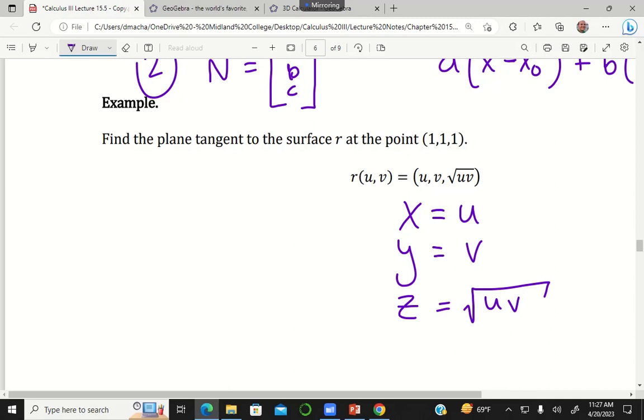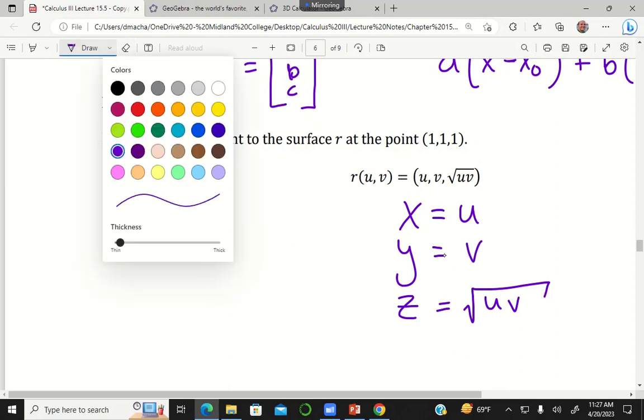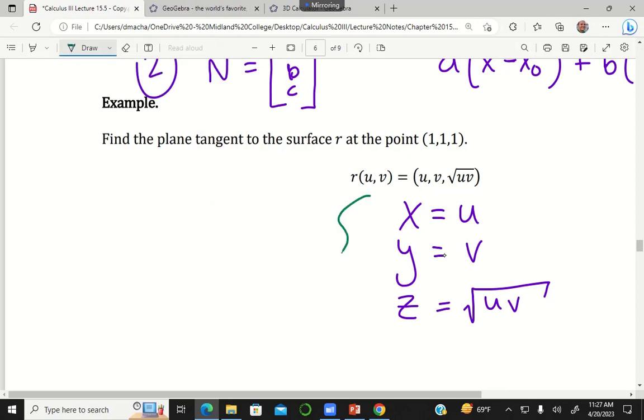But you can maybe already tell, if I wanted to rewrite this as an explicit surface, all I have to write is z equals square root of x times y, because u is equal to x and v is equal to y.